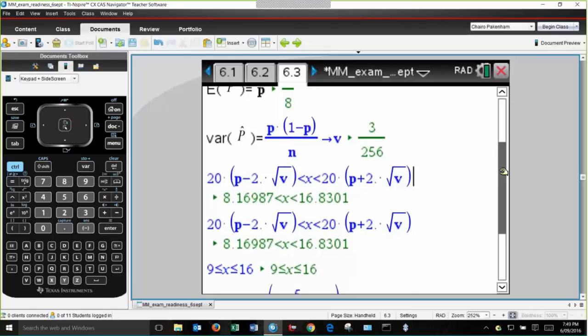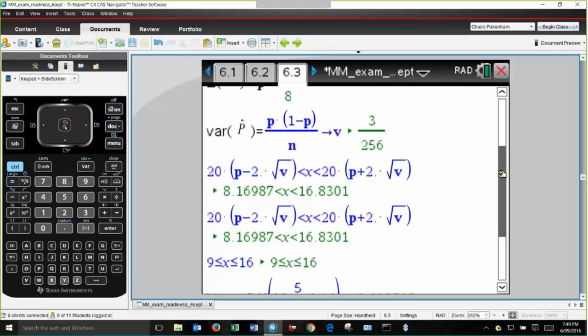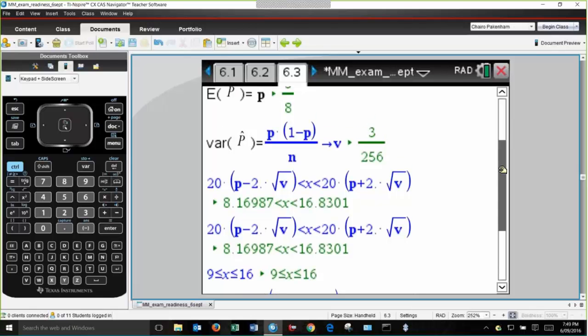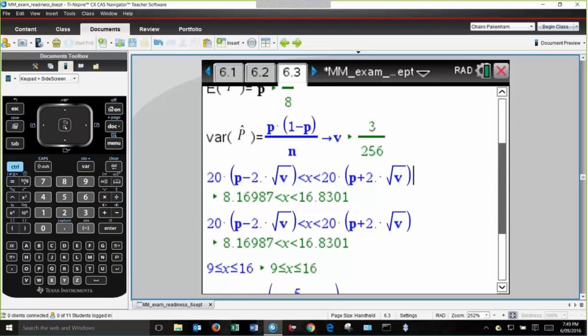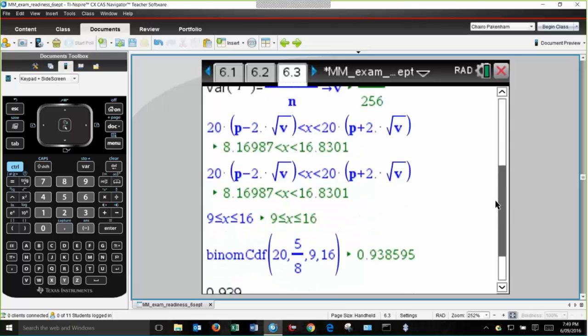Okay, so I can now do the normal CDF again, the same way that I've done before. I'm not going to do it all again because it's the same as before, except if I'm doing it in the notes page, as Craig showed, it's a little bit different.